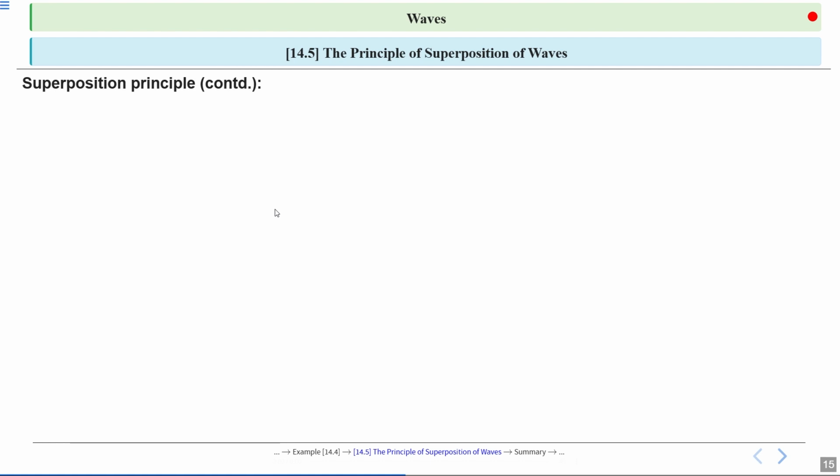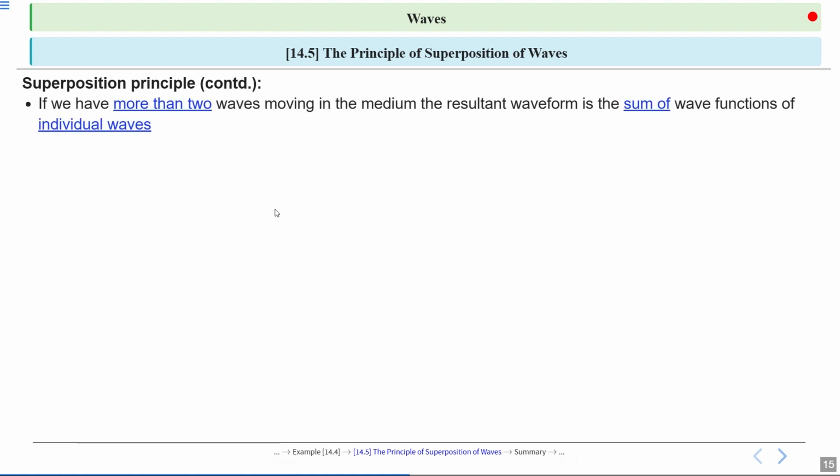Now, if we have more than two waves moving in the medium, the resulting waveform is the sum of the wave functions of the individual waves. This means we just add up the displacement caused by each wave at every point.